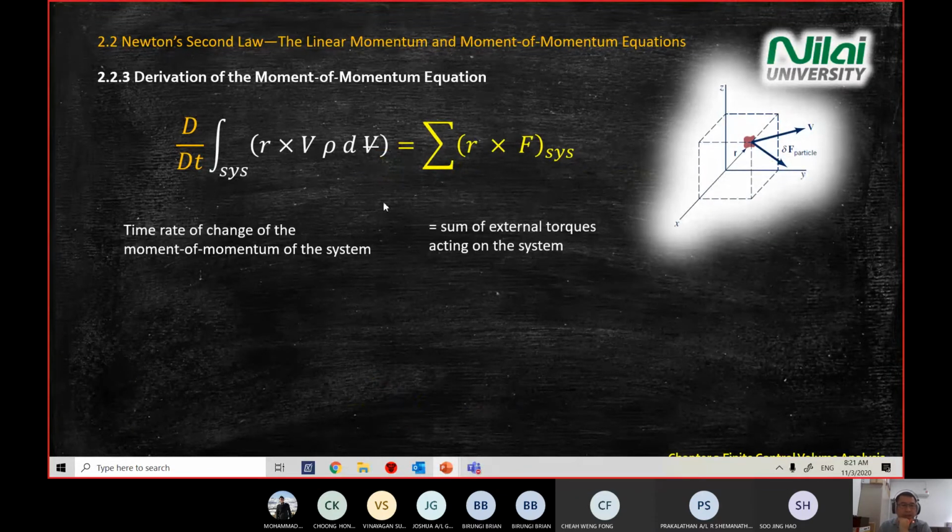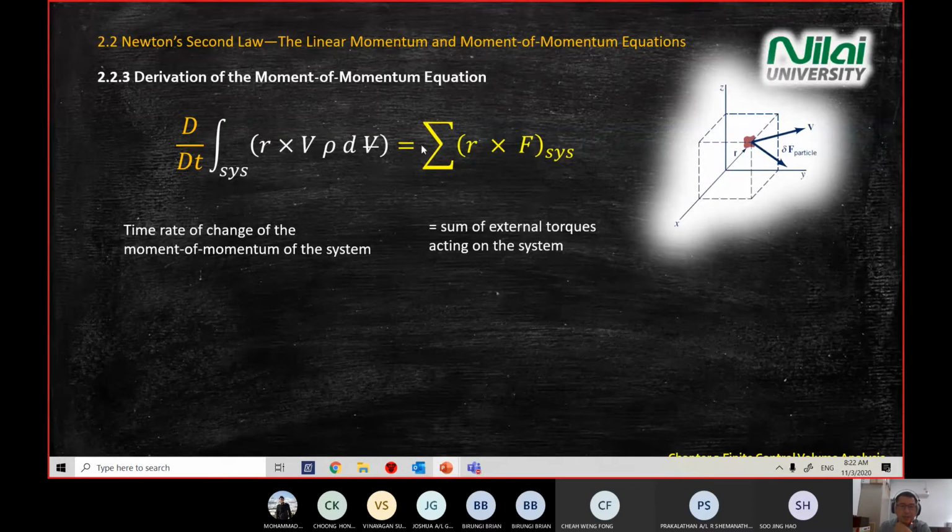Okay, so on the left hand side of the equation that you wrote just now, we have d dt of the integral of r cross your momentum mv, which is v rho dV. This one is a product of momentum. On the left hand side, this is the time rate of change; d dt means time rate of change, or rate of something.